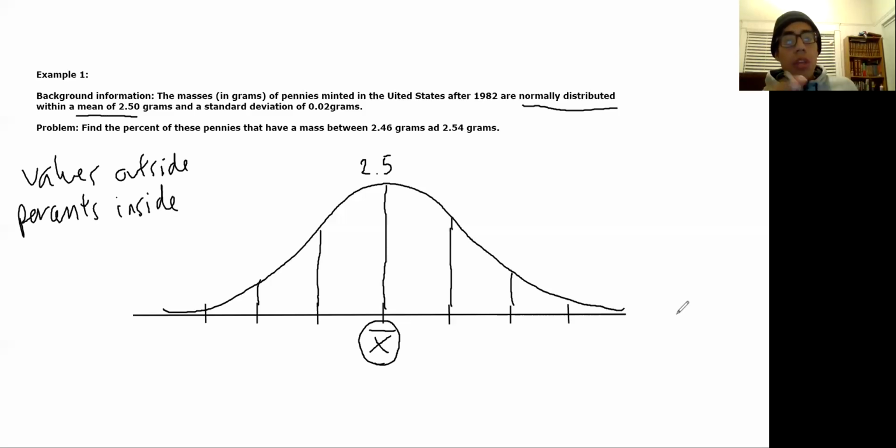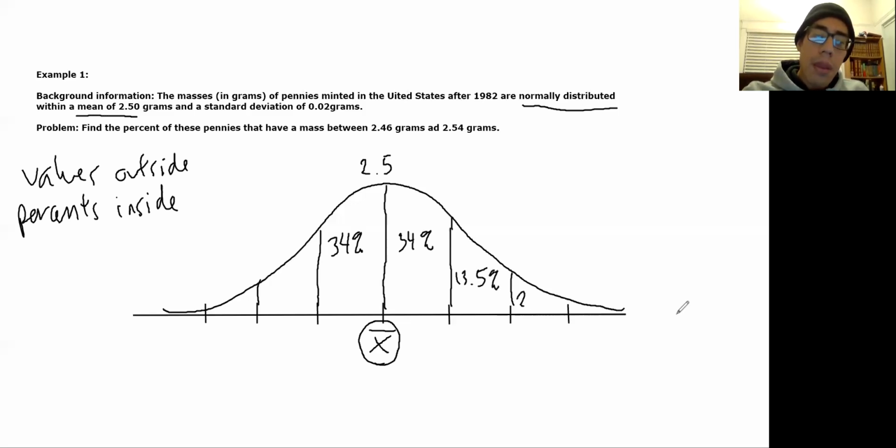The values are what you guys have to find for every problem and put them on this graph. The percents will never change. The percents will be the same every single time. Meaning that before I do this problem, I should always have my percents labeled, because they're never going to change. There are some slight variations.